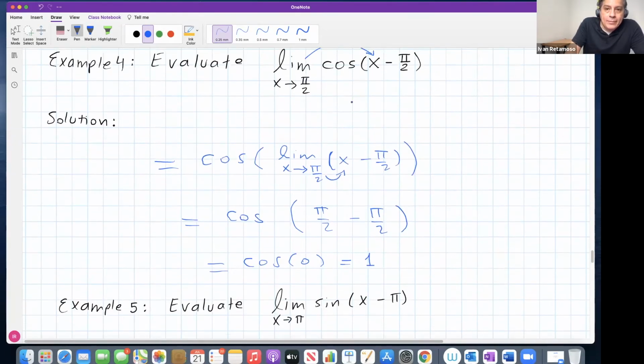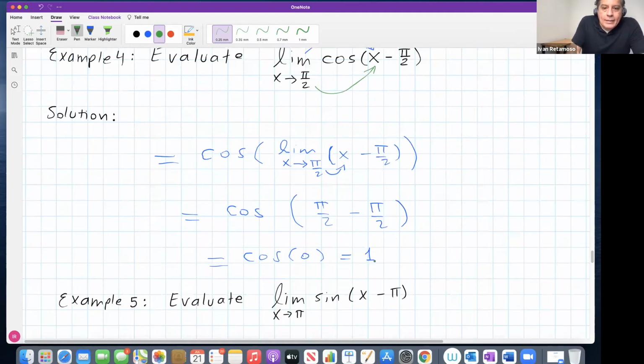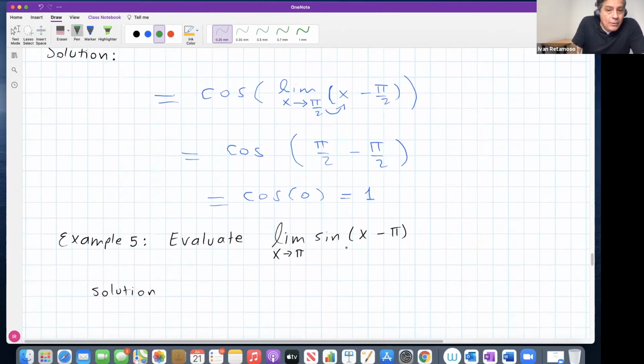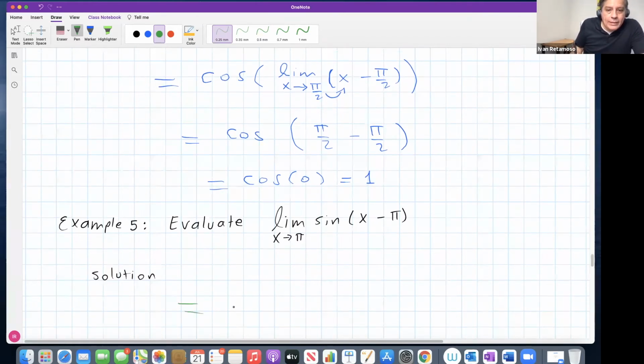You take limits when the function is continuous. Cosine is continuous. That's why we were able to plug this in. I want you to stay with this idea. Similarly here, another one. Look, the sine function I know is continuous, so that allows me to just put this in. Formally, what you are doing there is sine of, you put the limit inside, limit of x minus pi as x approaches pi.